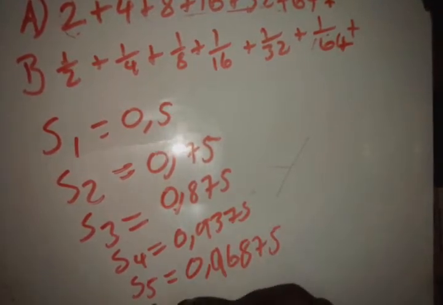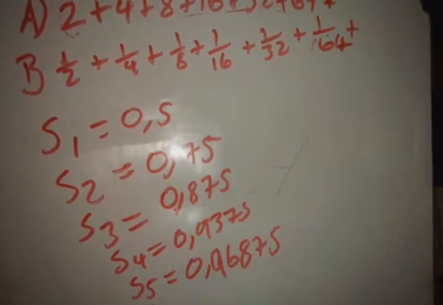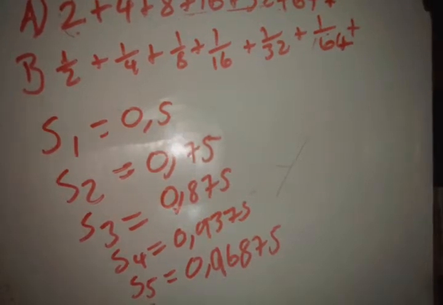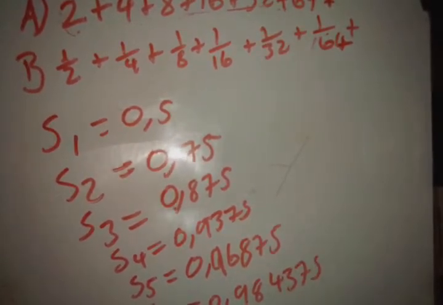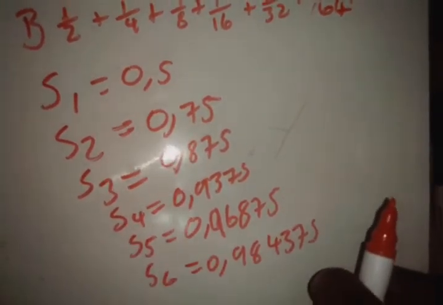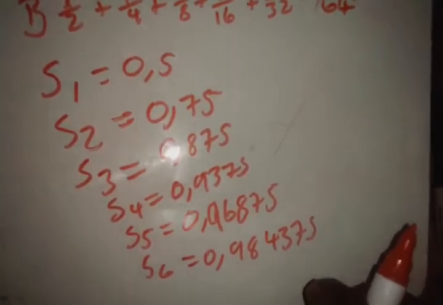The sum of 6 terms is 0.984375. Alright, so let me just add one more.